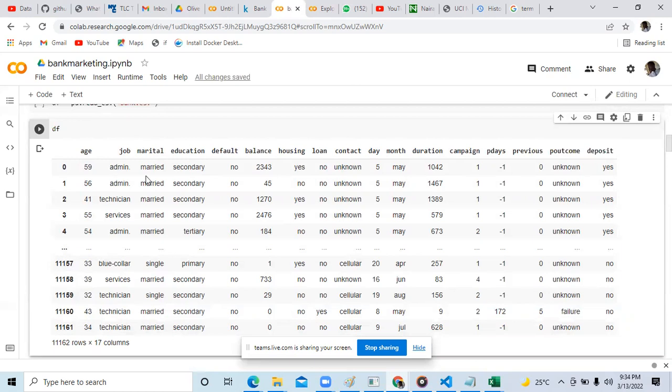Obviously, you can see the job, marital status, balance, housing, loan, right? The second half of the data set is talking about the previous campaigns and how they have affected the outcome of this data set, which is the deposits. So we are looking at how their properties have affected deposits, and how our previous campaigns have affected deposits, right? This is just for this particular data set.